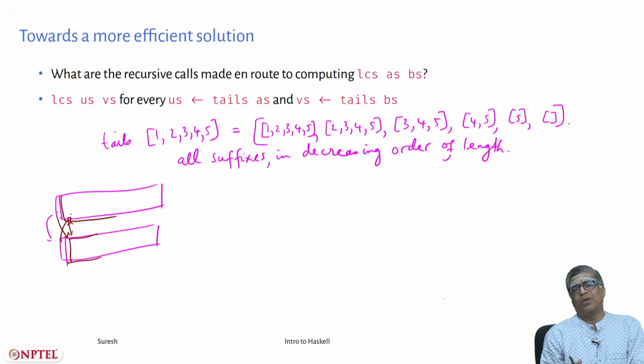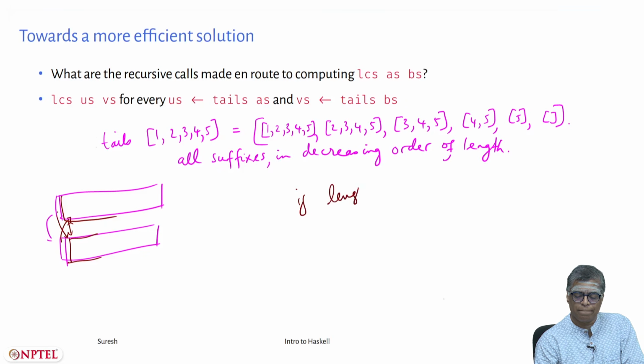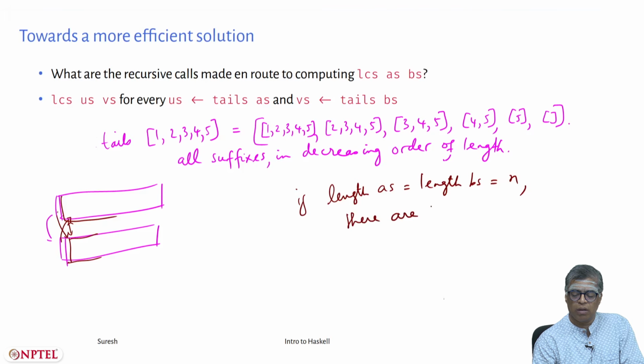And of course, you will have to compute them from smaller lengths to larger lengths, so that you can use the recursive values. Essentially you will end up computing all these values. If the length of A equals the length of B equals n, let us say, there are n plus 1 the whole squared recursive calls in all.